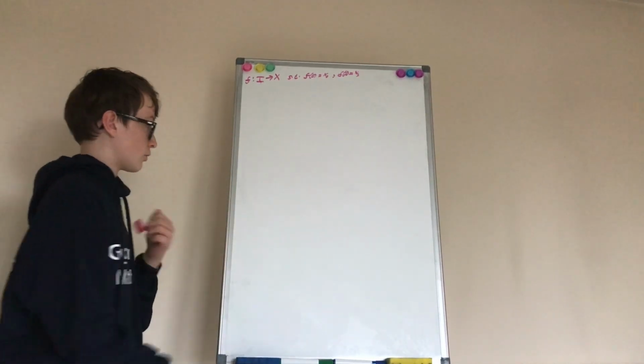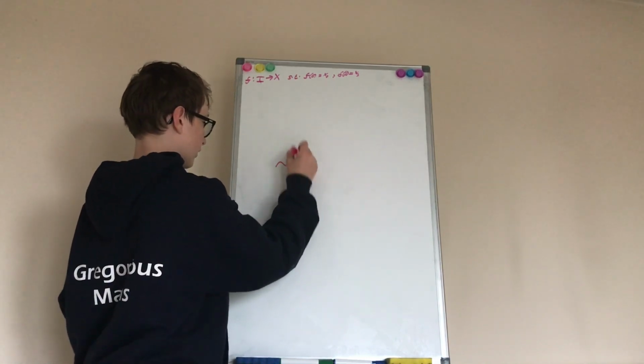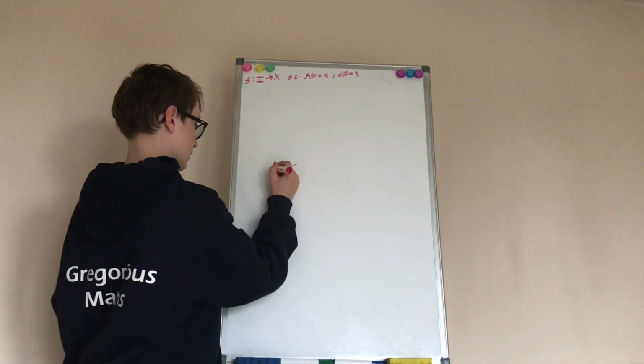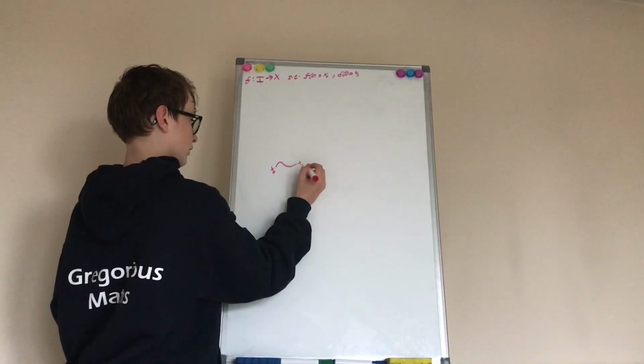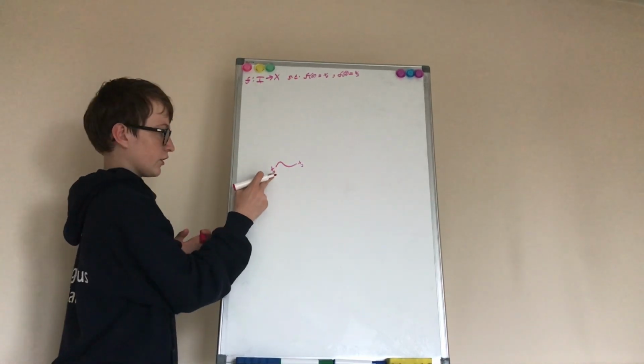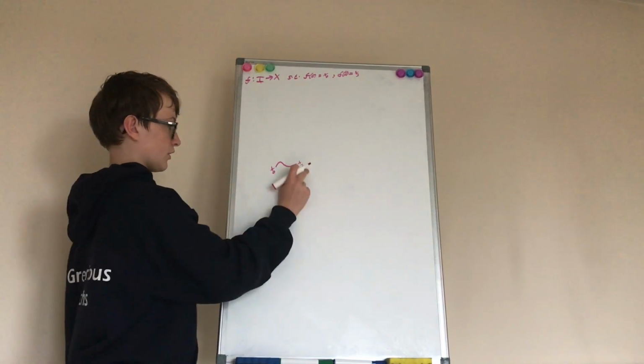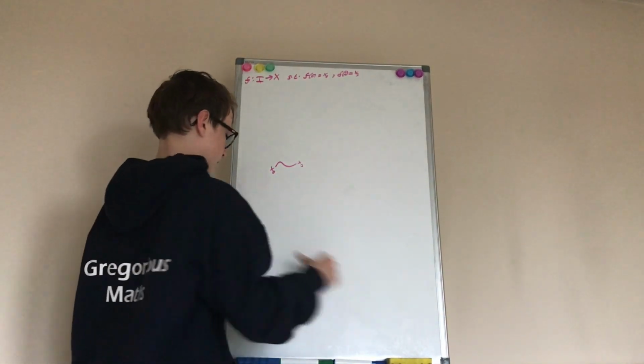So what it will look like is some path like this, where its starting point is x0 and its end point is x1. This is more formally known as its initial point, and this is, I think, known as its end point.